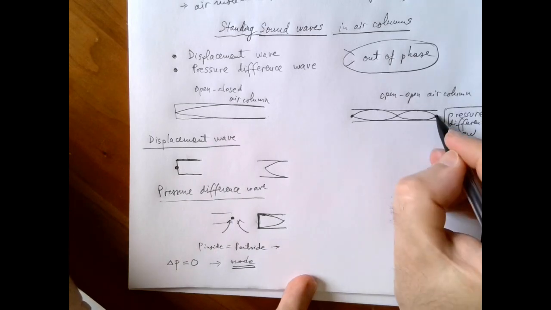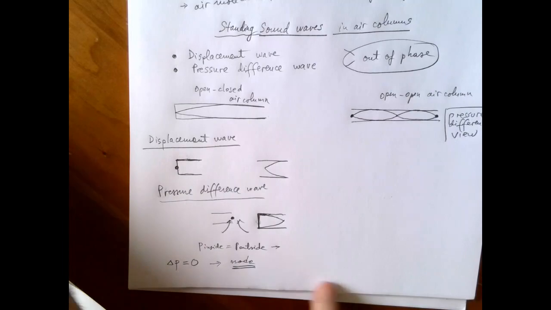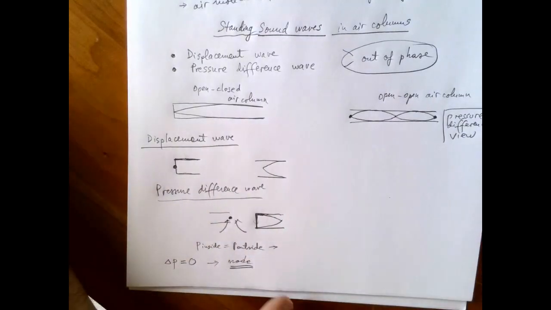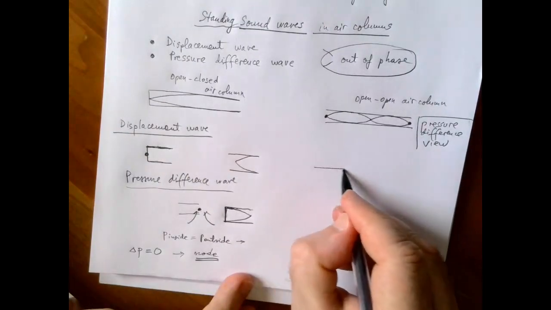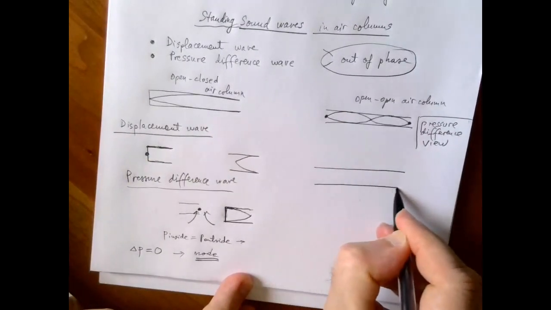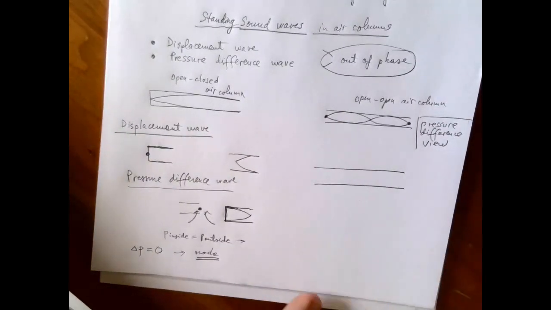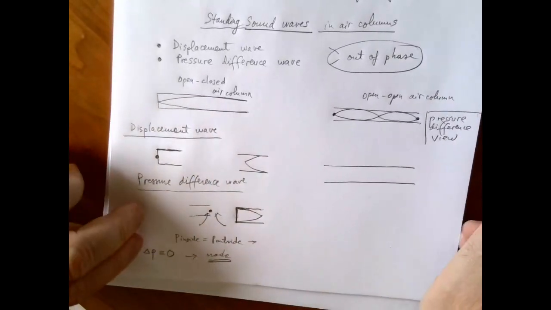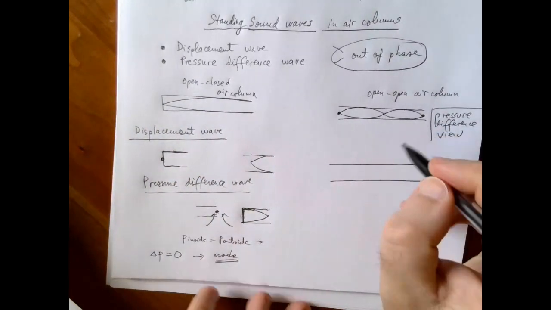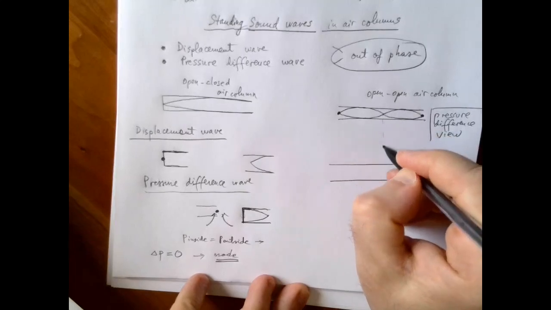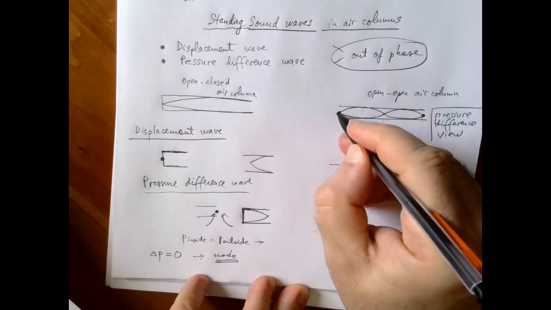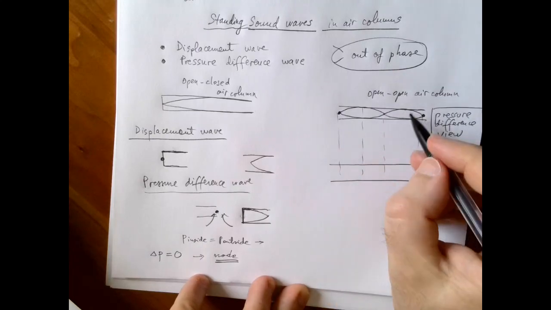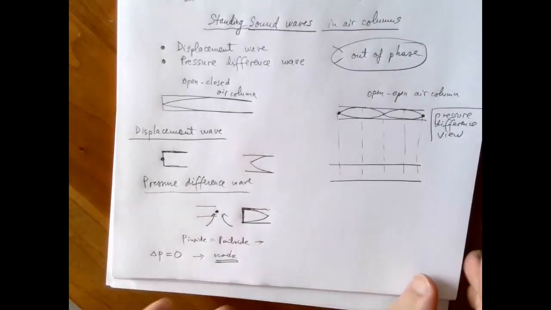Look, I have the nodes at the ends that are open. And of course, if I want to go with the displacement wave, don't forget they are out of phase. So if I go with that, I have to draw carefully, keeping in mind that they are out of phase.